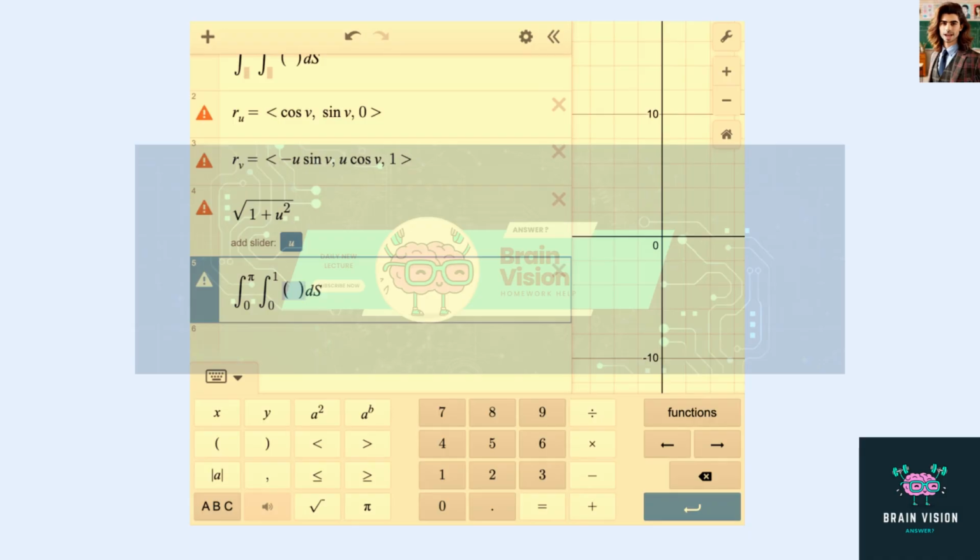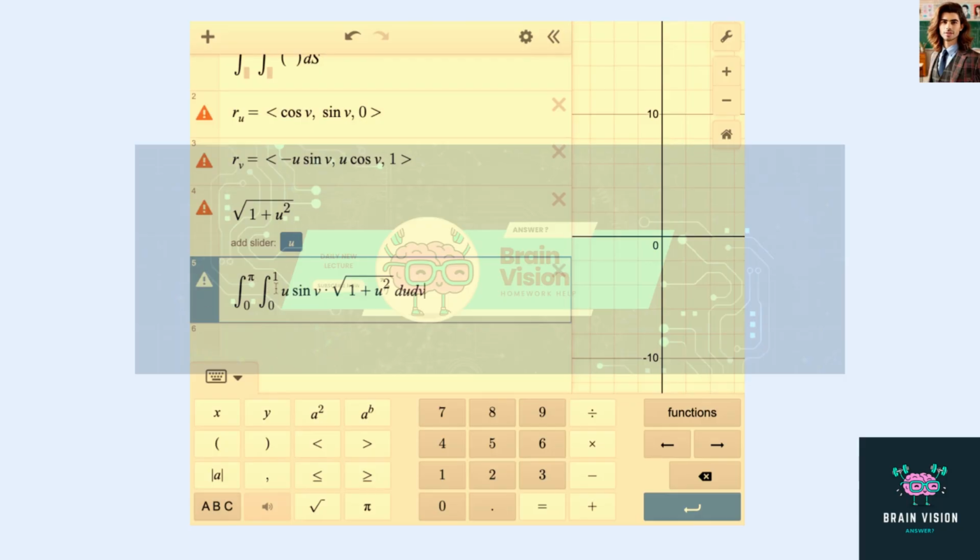So since it's just y, that means that we'll have u sine v, and that's going to be times our cross product, so 1 plus u squared, and then instead of dS, now we'll have du dv.